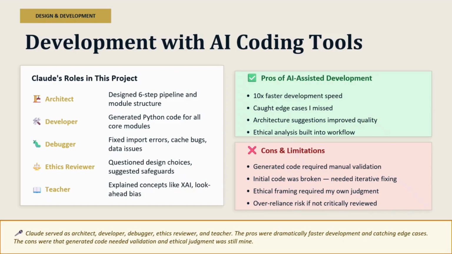The biggest advantage was speed. What would have taken weeks took days. But the AI-generated code was often broken and needed manual fixing. I never used AI output blindly. Ethical judgments always have to be mine, and that brings us to the ethical impact.